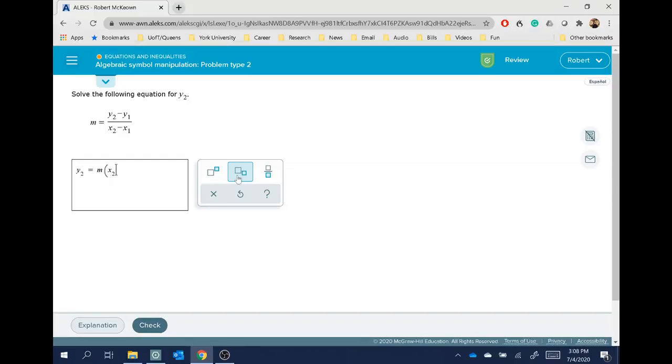And then I press the right arrow to move over x, and I'll press that button again, 1, and then the right arrow on my keyboard to get it to go like that. And the last bit is to add y1.